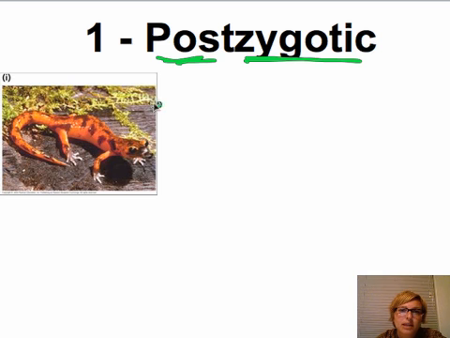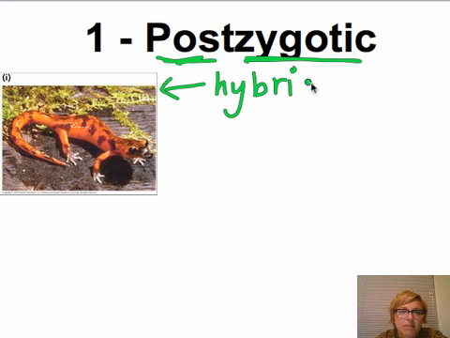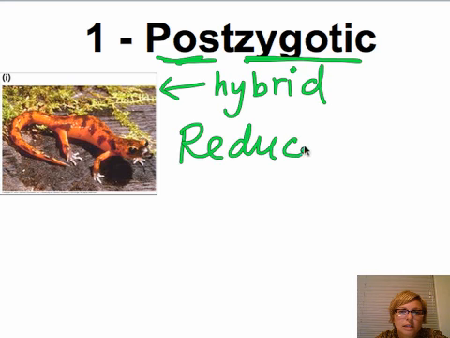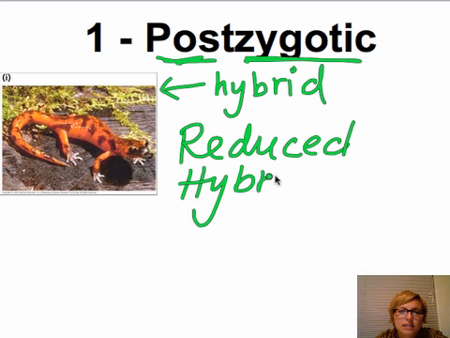So the example of this is a salamander, and what happens is similar species that live in the same area can randomly mate and produce hybrid salamanders. And these hybrid salamanders have what's called a reduced hybrid viability.